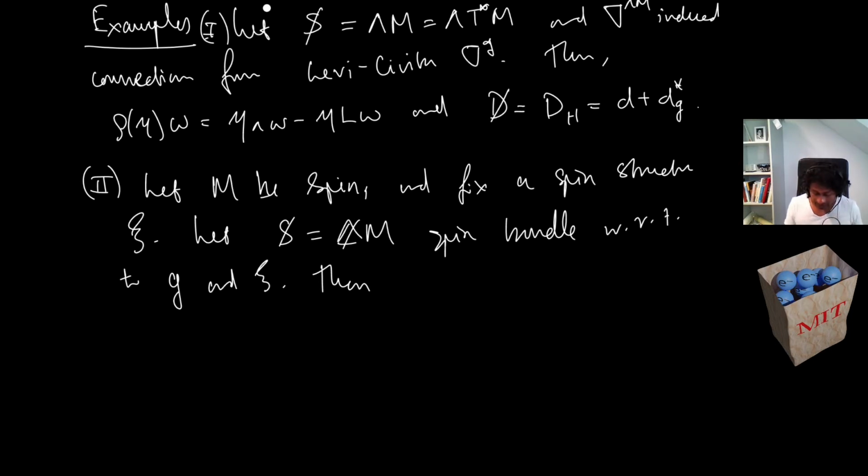I want to emphasize here that the spin bundle depends on g and psi, so I'm actually just giving them names. I'm not going to do any calculations with it. I just wanted to write this sentence, g and psi.